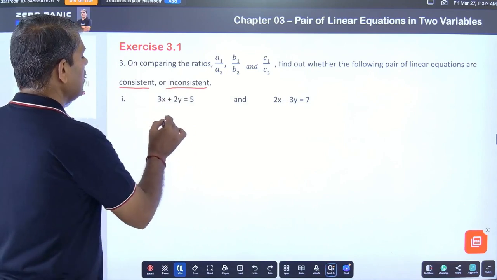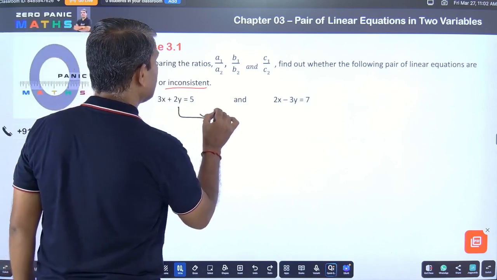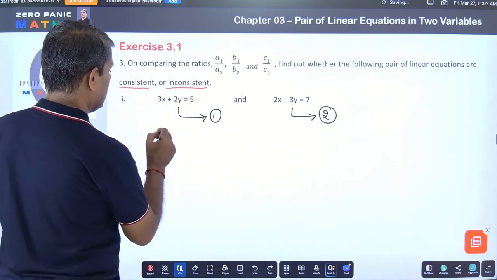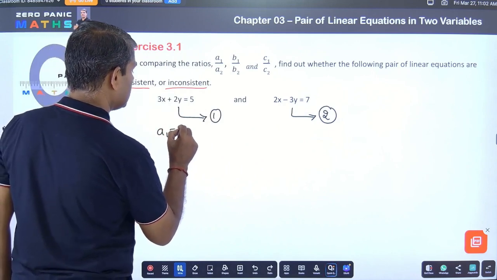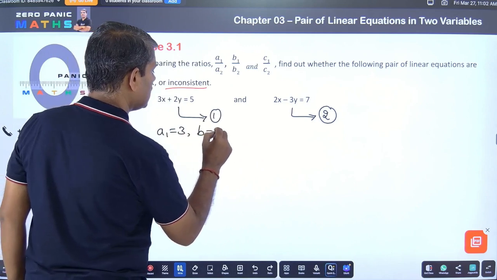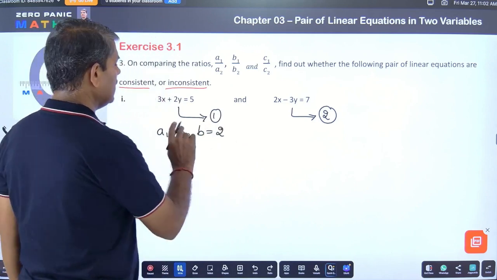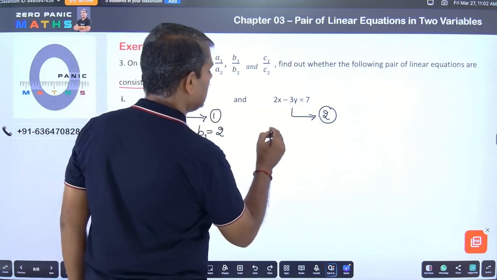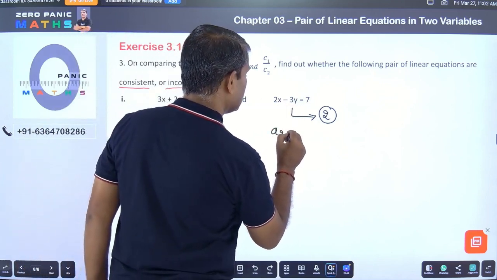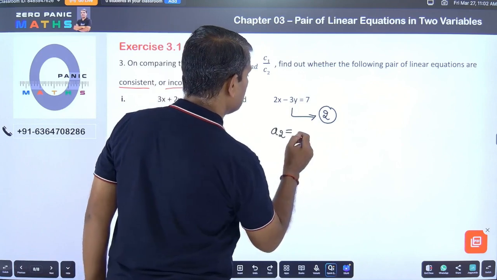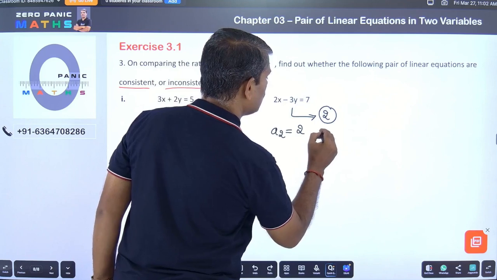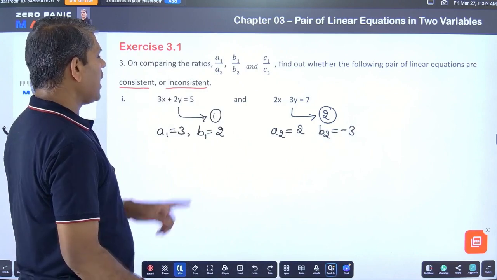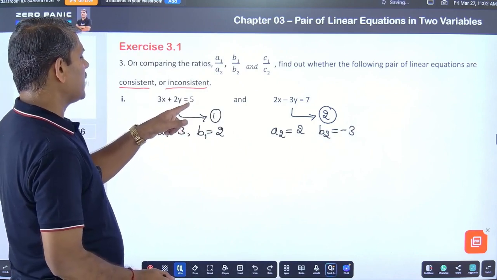Okay, so with the given equation 1 and equation 2, simple. A1 is 3, B1 is 2. We can just take A1 and B1 only, because with the given values we can say that the first ratios are not equal. A2 is equal to 2 and B2 is equal to -3. Here I am not taking C because C is not required.